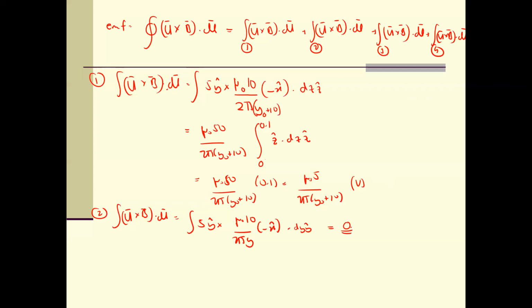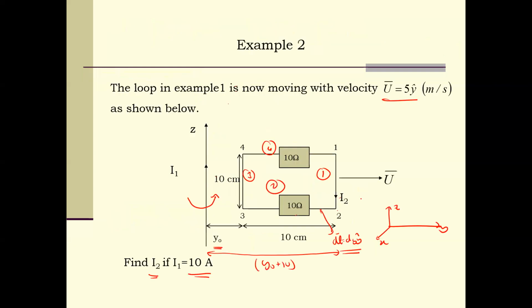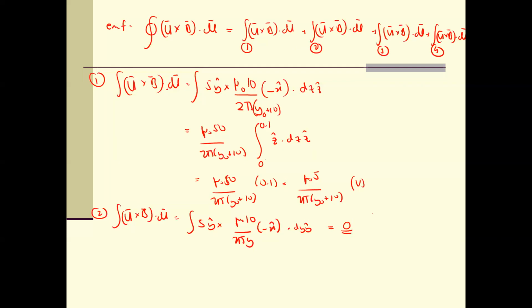Similarly, this can be expected for side number 4, because side number 2 and side number 4 are equivalent in nature. So the EMF for side number 4 will also be 0. We're left with the third side.